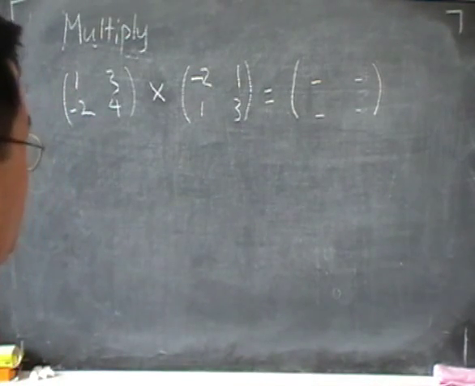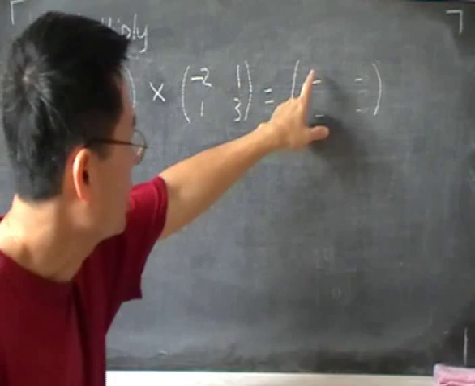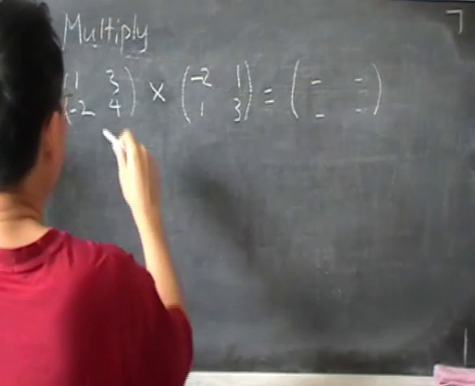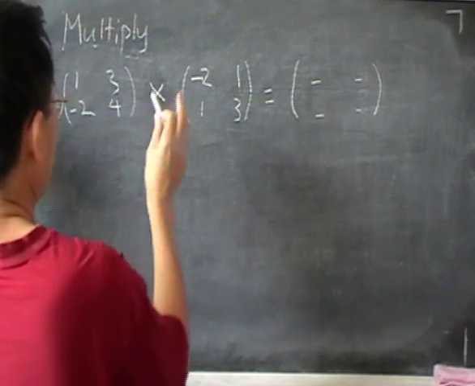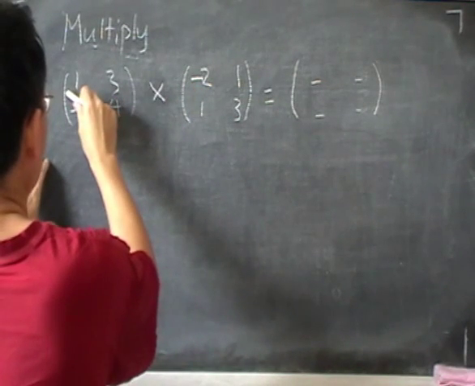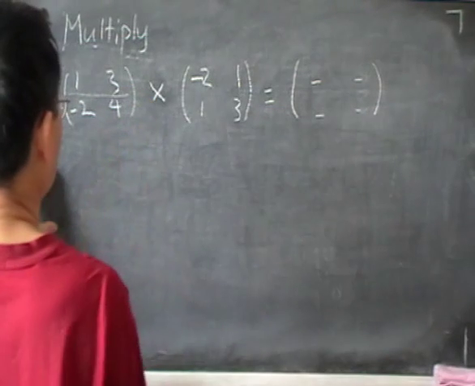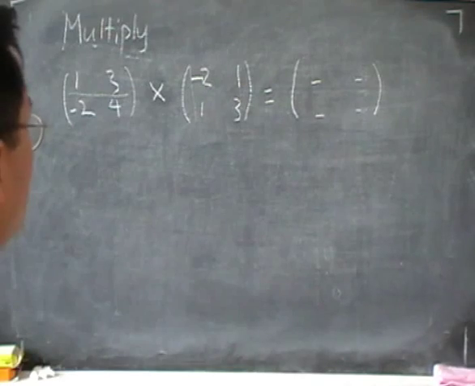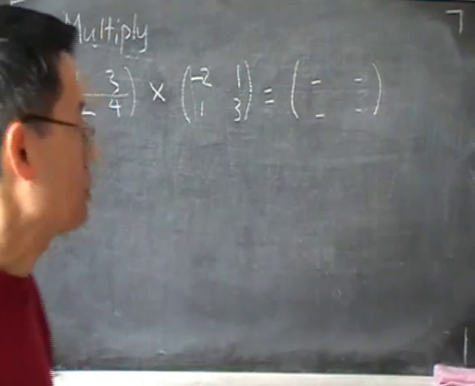Now in order to get the first answer, the first number there, I need to do a calculation using the numbers in the first row there and the first column here. I need to make use of those numbers.